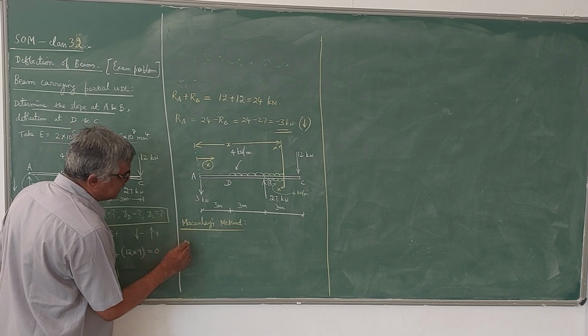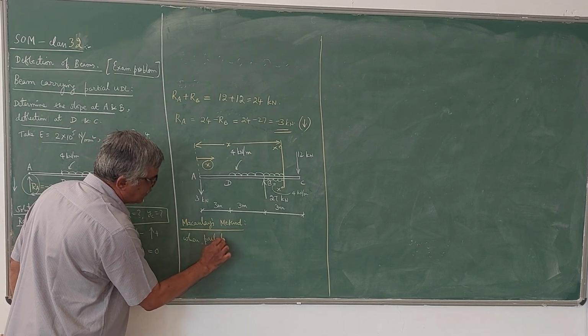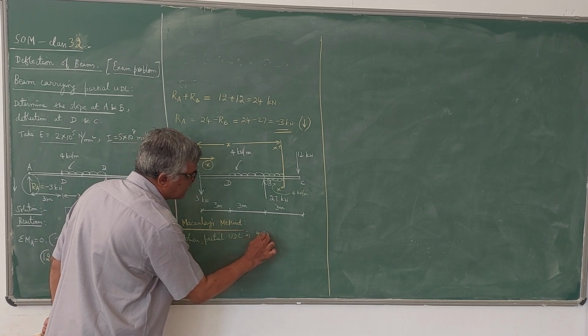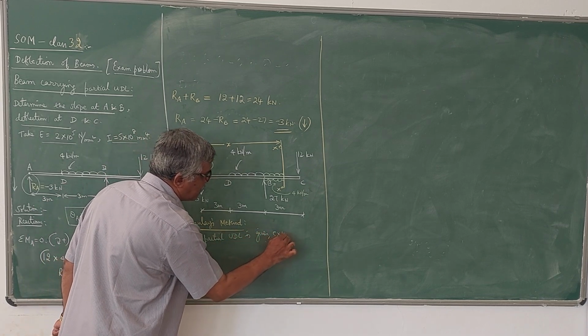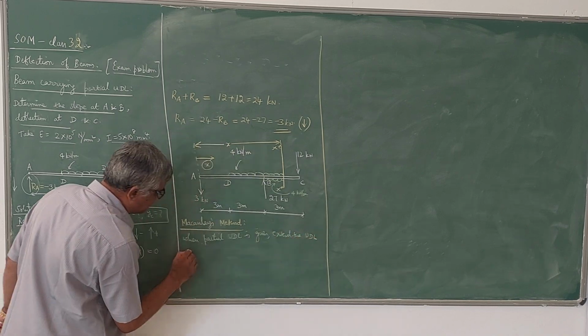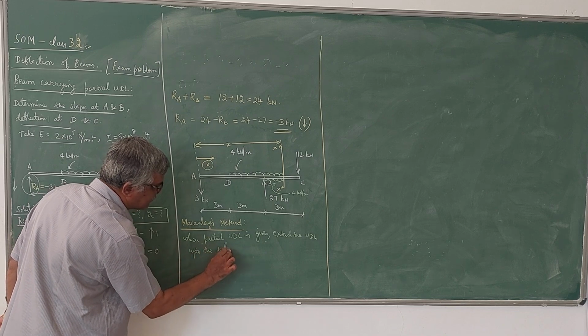So what I will write here: when partial UDL is given, extend the UDL up to the section XX.